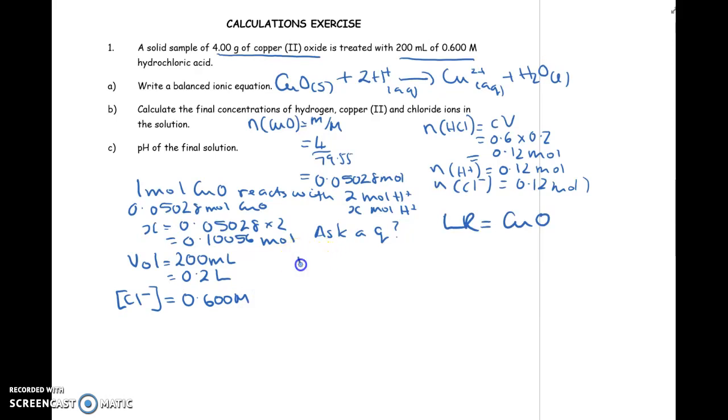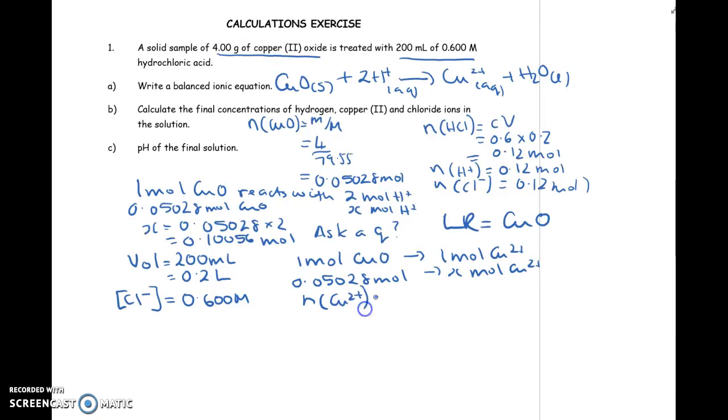We know that 1 mole of copper oxide produces 1 mole of copper ions. This means that if I have 0.05028 moles, I'm going to end up with X moles of copper ions. So the number of moles of copper ions is going to be equal to 0.05028 moles.